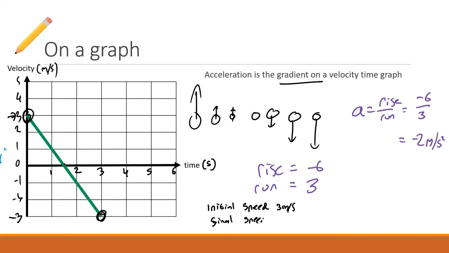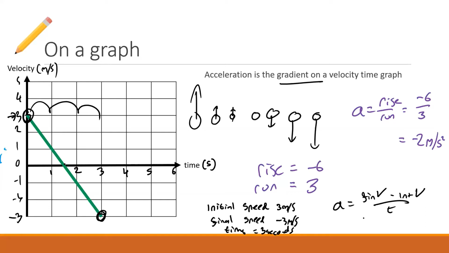Final speed, -3. And the time, well, it does that in 3 seconds. So a equals final speed minus initial speed over t.